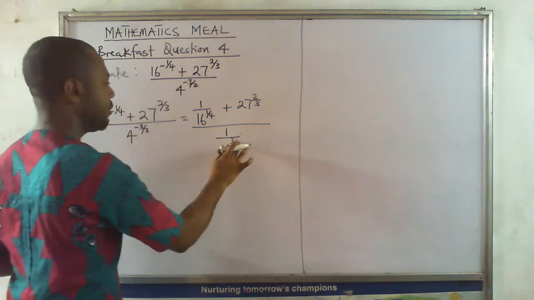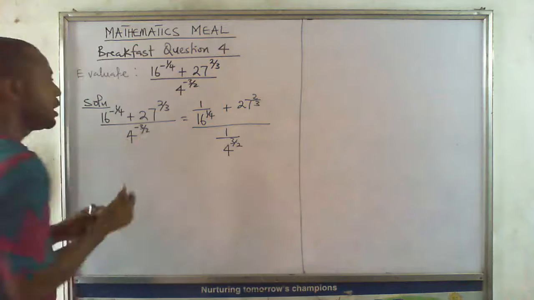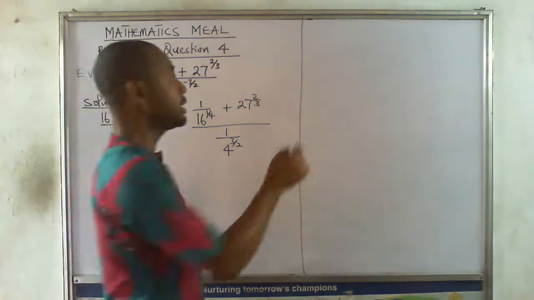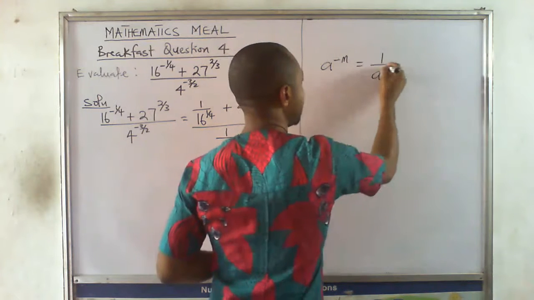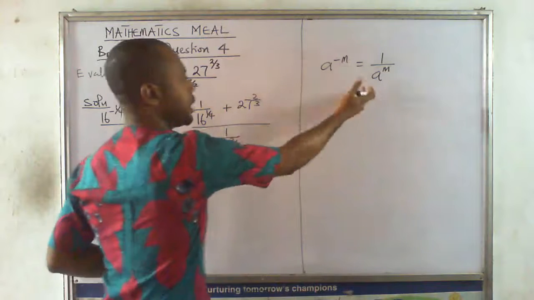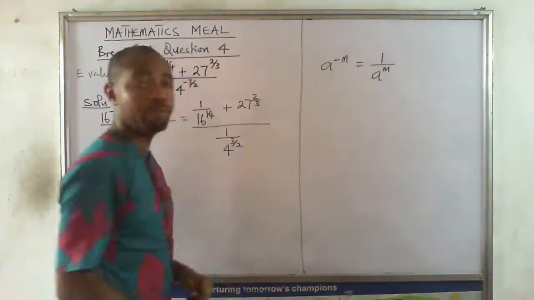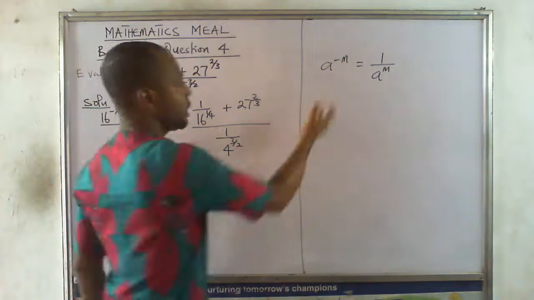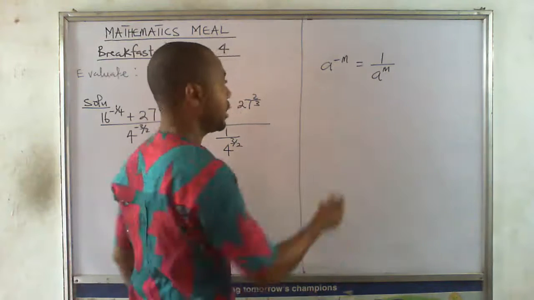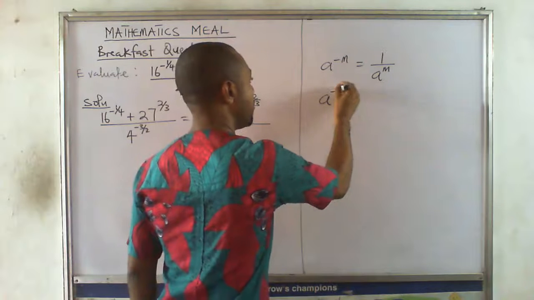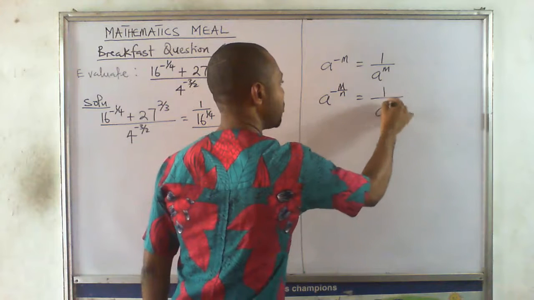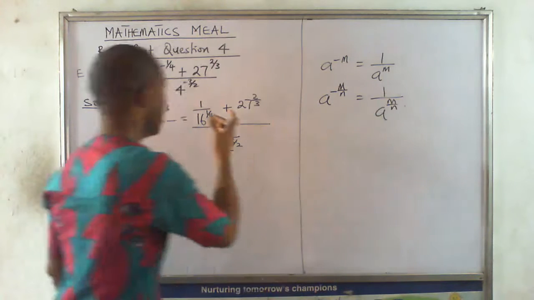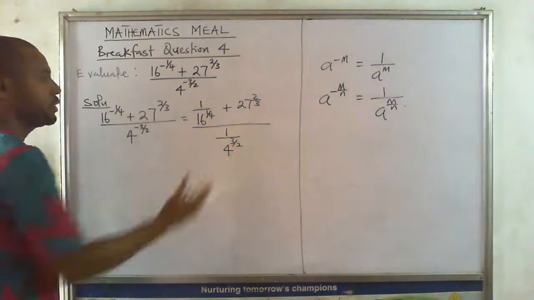The fourth law is the law of negative power, which gives us the reciprocal. When the power is negative, we find the reciprocal of the number without the negative sign. So if I have a raised to the power of minus m over n, it is the same as 1 over a raised to the power of m over n.